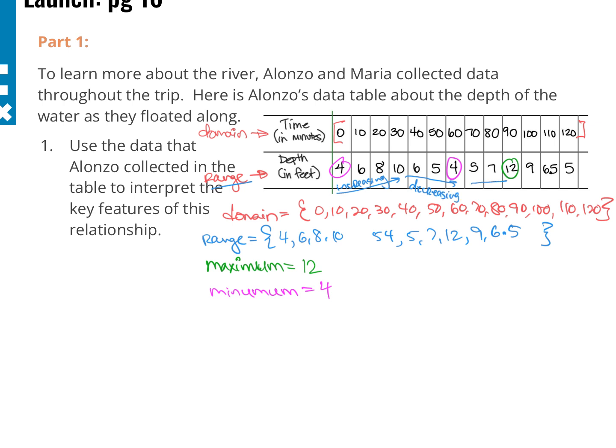We have it increasing again. And then we're decreasing. Okay. So these are key features of this table, and it really shows us a lot of information that's going on. So make sure you write the stuff down and then come back to me.